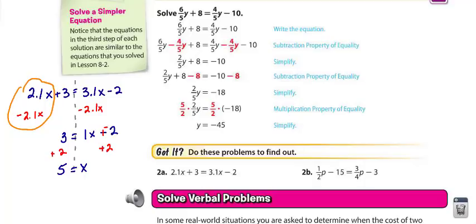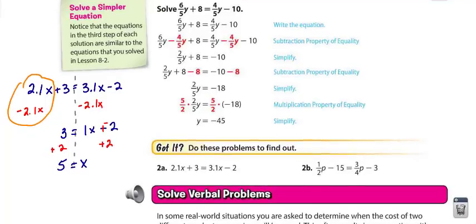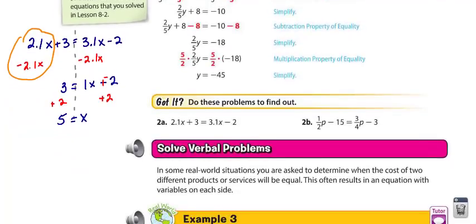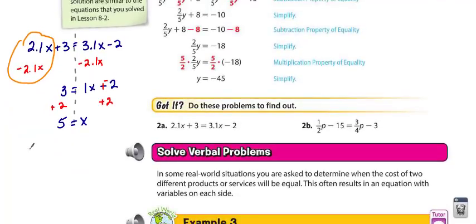And then I really should do my check. Let me bring that up a little bit to give me room to check right here. 2.1 times 5 plus 3 equals 3.1 times 5 minus 2.